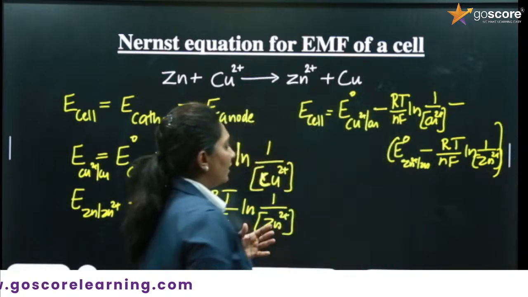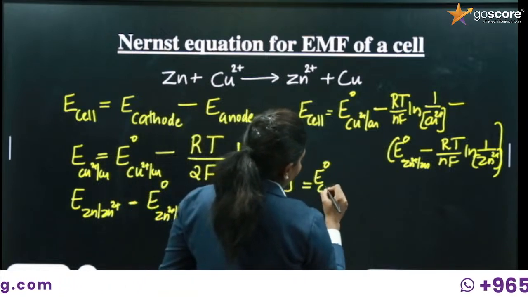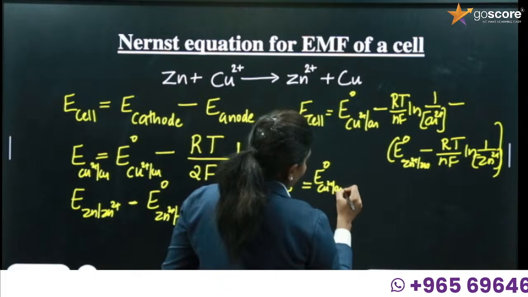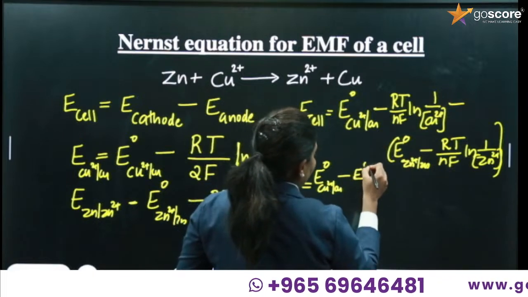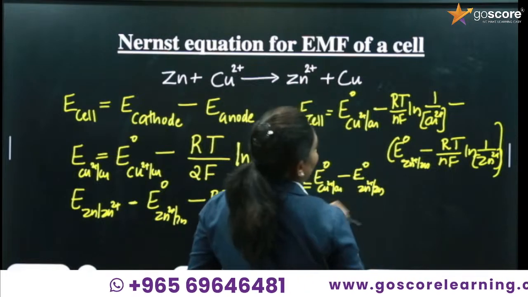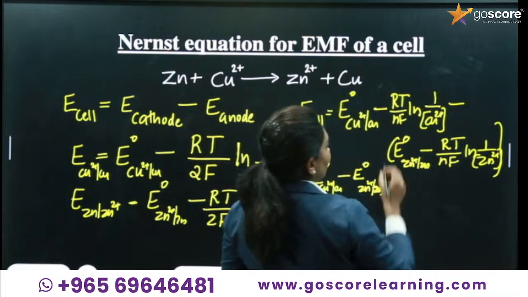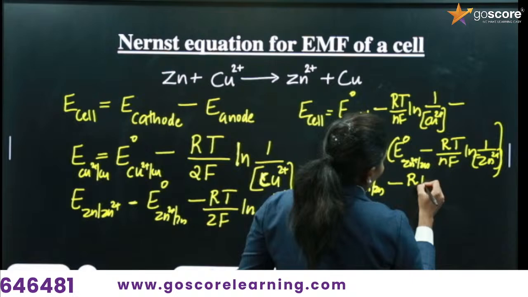So after rewriting the equation, what will we get? E naught Cu2 plus slash Cu minus, this is minus of, right? So it will be E naught Zn2 plus slash Zn minus, what is common in these two? RT by NF, right?